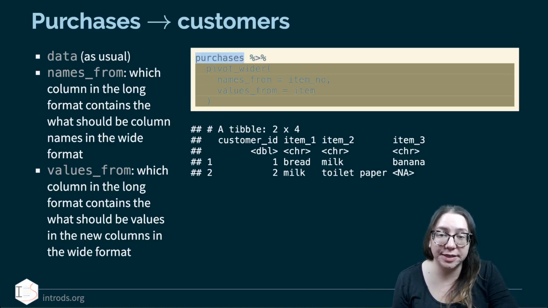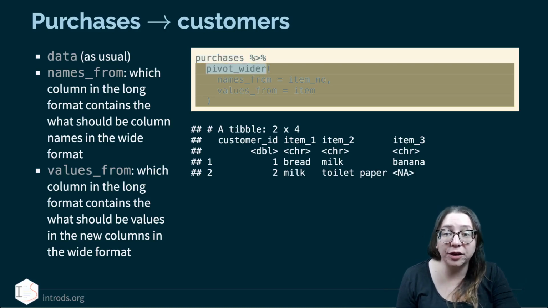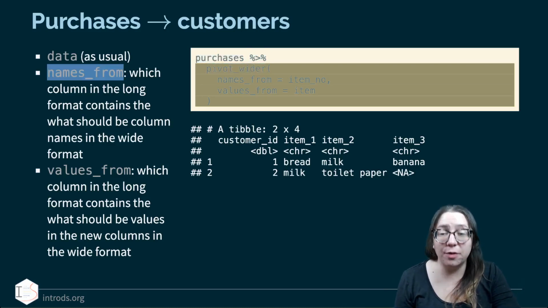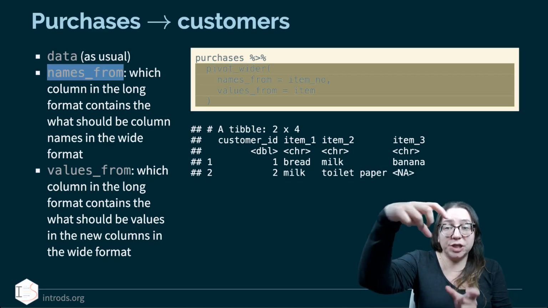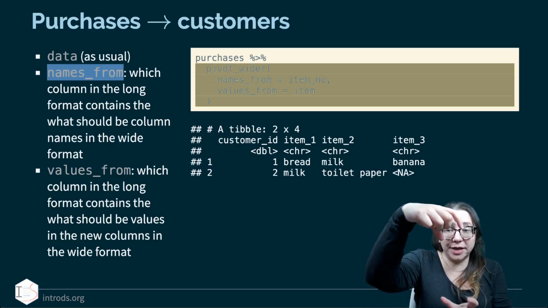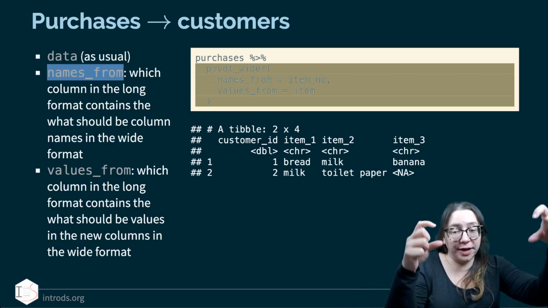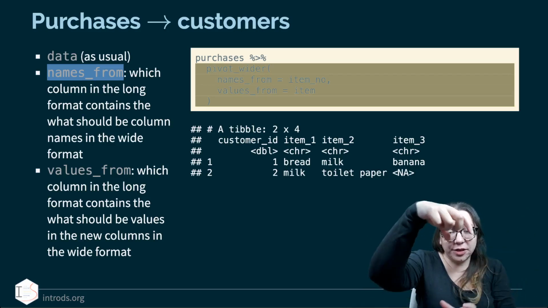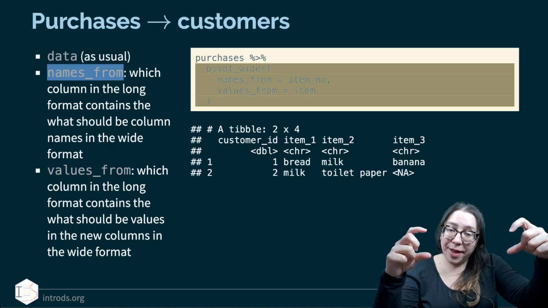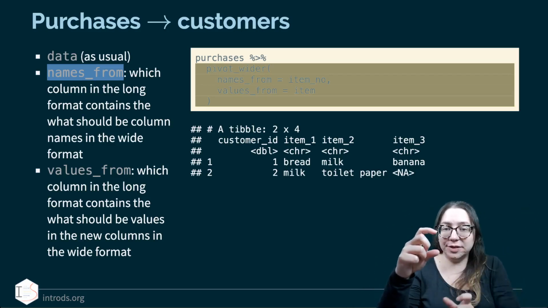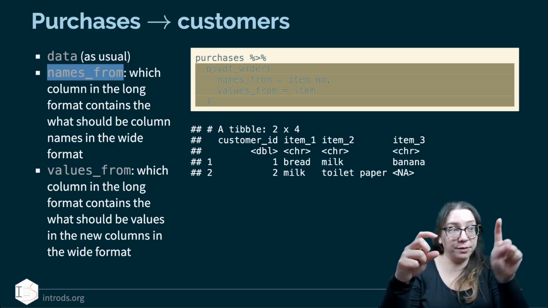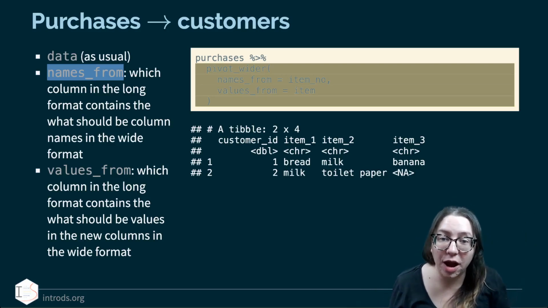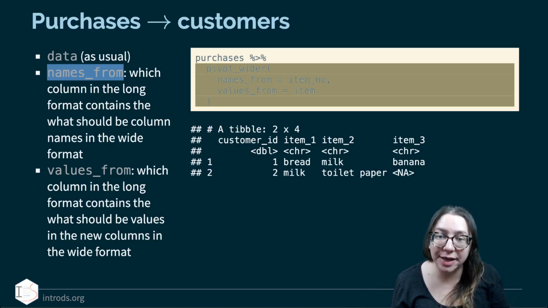So the purchases is the first argument of pivot wider here. The names from argument tells me which column in the long format contains what should be column names in the wide format. So that was the item no column, and the values in that column are going to be the names of the columns in the wide data frame.